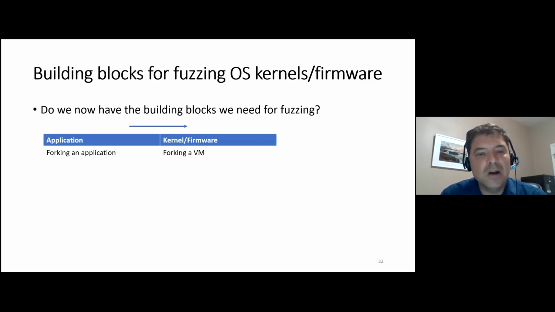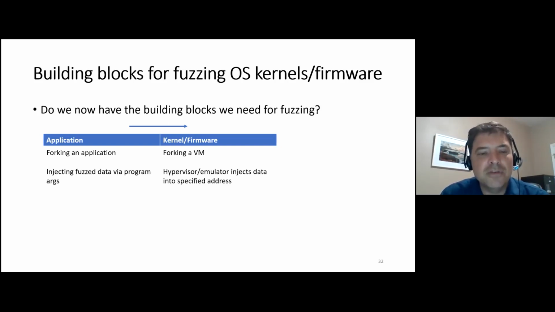So now we went from forking an application to being able to fork a whole VM. And we went from injecting fuzz data just from the command line in program arguments to now a hypervisor or an emulator being able to inject data into a specific address in a virtual machine that it controls.